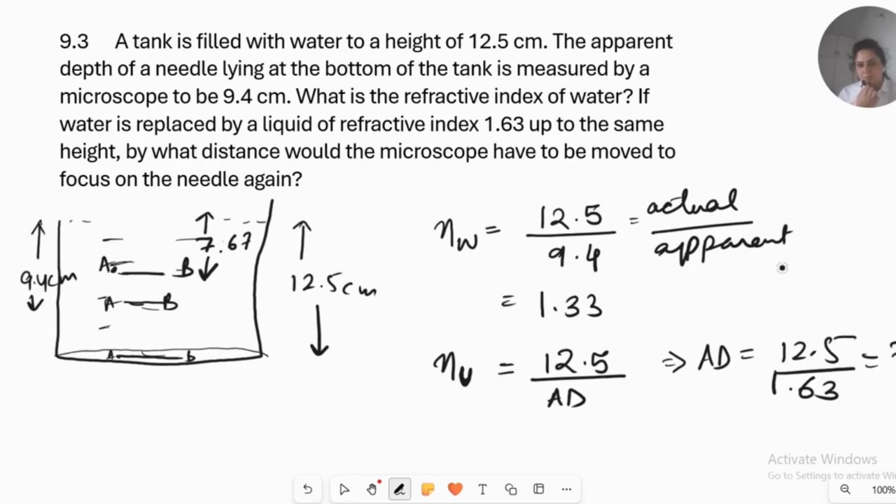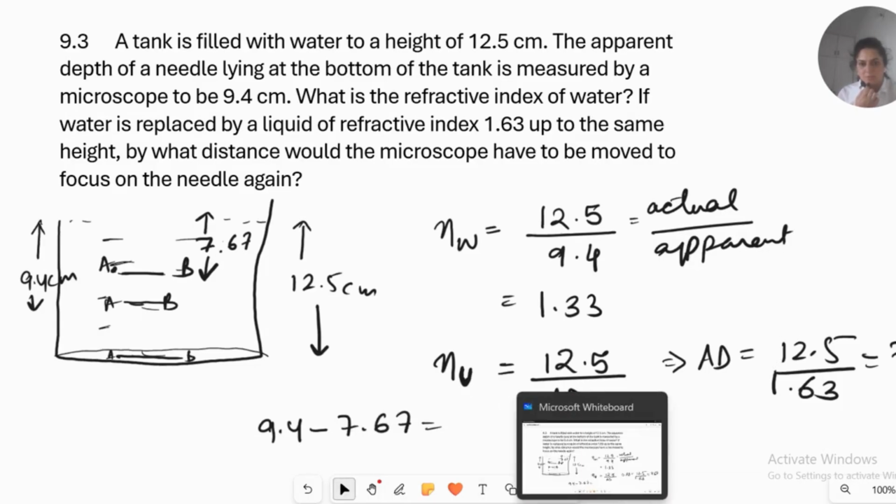So our microscope through which we are looking at this needle has to move backwards. By what distance? 9.4 minus 7.67.